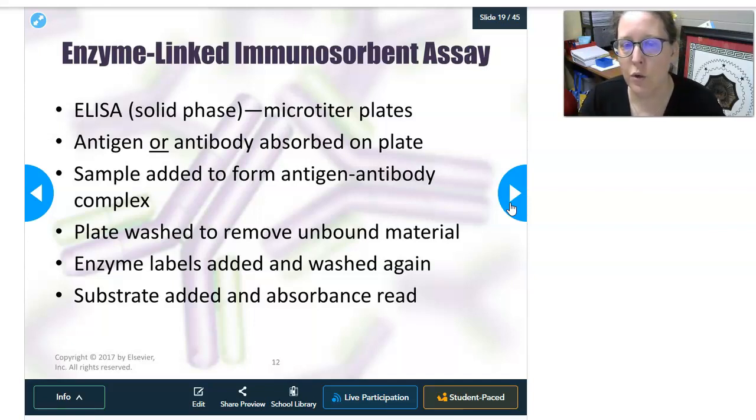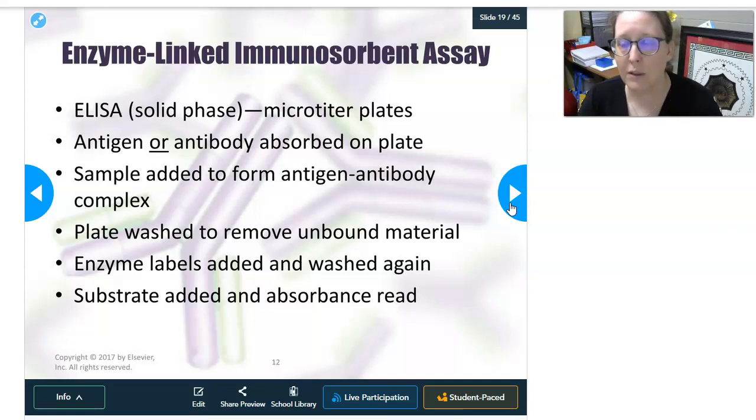If you are trying to detect an antigen, then an antibody would be adsorbed onto the plate to capture that antigen. If you're trying to detect an antibody, then you could adsorb the antigen that it would react to onto the surface of the microtiter plate.